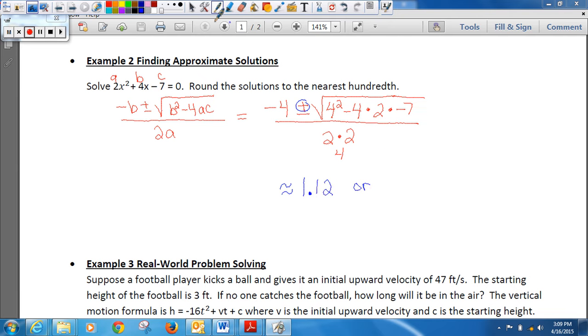Or, if I use the minus sign here, negative 4 minus the square root of 4 squared minus 4 times 2 times negative 7, all divided by 4, gives me negative 3.12. And I should have my approximate symbol there as well. So those are my two approximate answers for this.